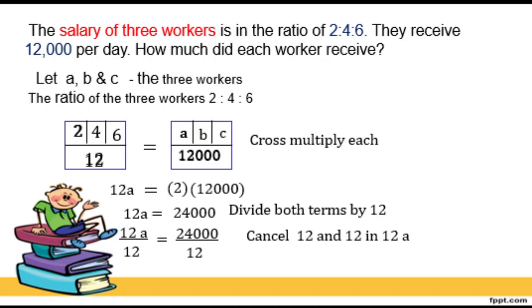So cancel 12 and 12 in 12A. So A is equal to 2,000. Okay, so let's solve for the B, the second worker. If you'll notice, the first worker received 2,000 pesos.